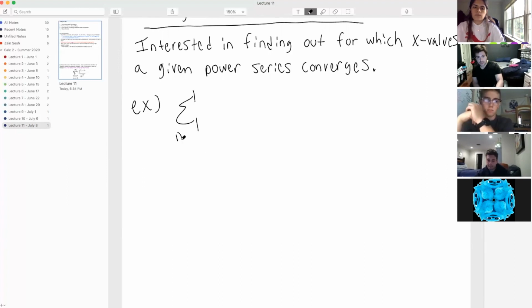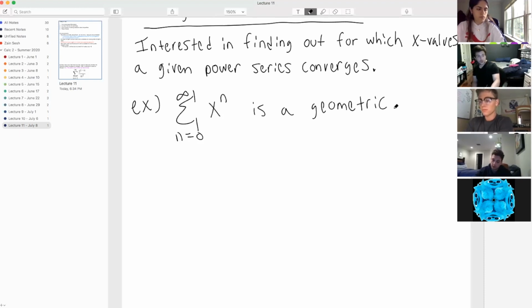Let's look at the sum from n equals 0 to infinity of x to the nth power. This is actually a geometric series, with ratio r equal to x and initial term a equaling 1.